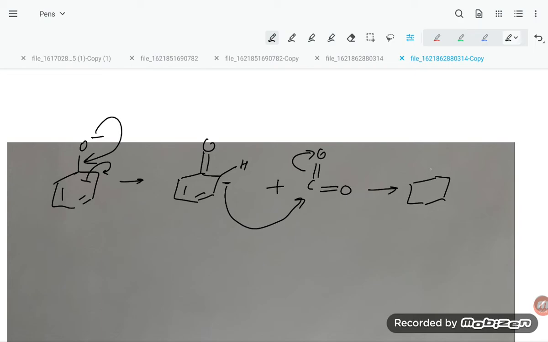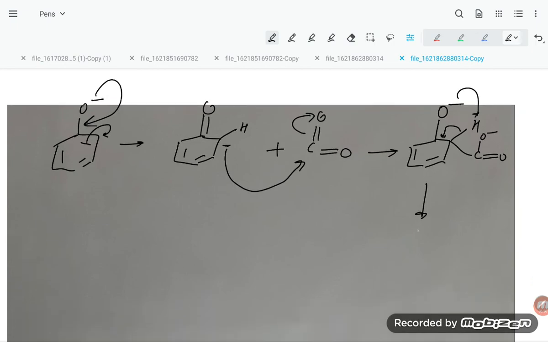Here the intermediate which is formed has O negative, and here C with O negative and double bond O, and the bond stays as it is. This negative is absorbing the proton, hydrogen, and this shifts like this.